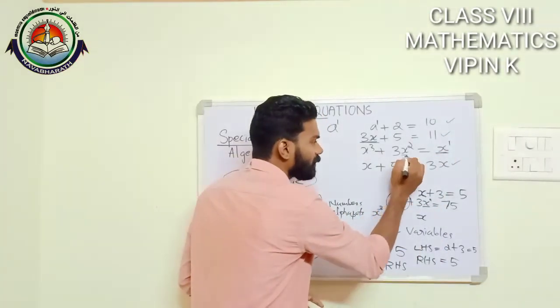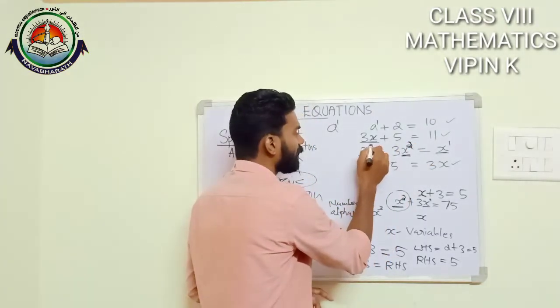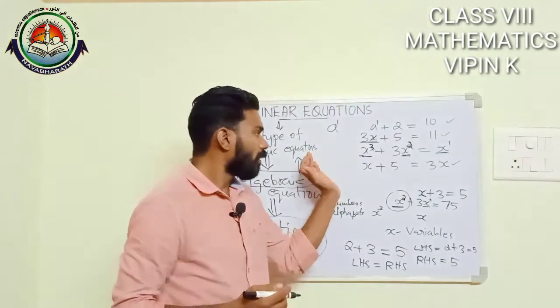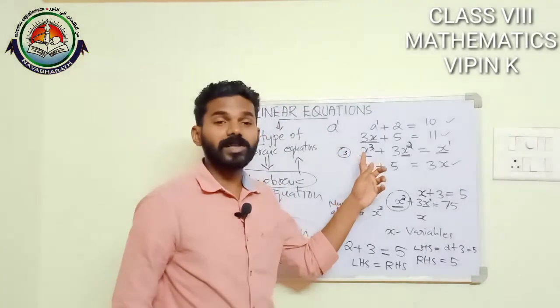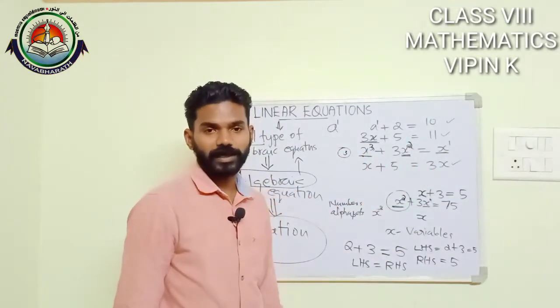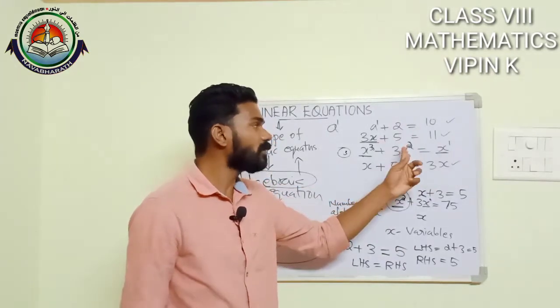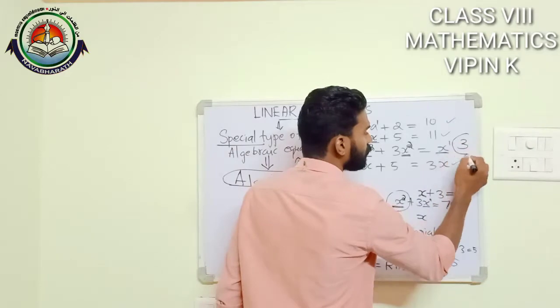Here you can see that the power is 2. And here you can see that the power is 3. So, in our third equation, there are powers of 1, 2 and 3. Out of that, the highest power is 3.